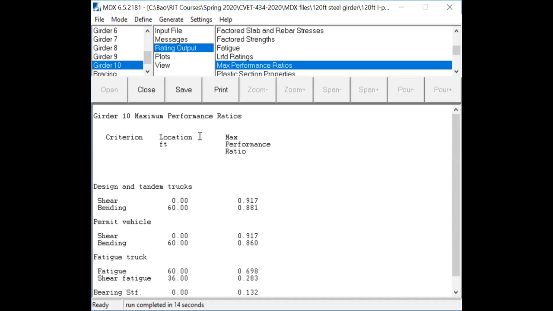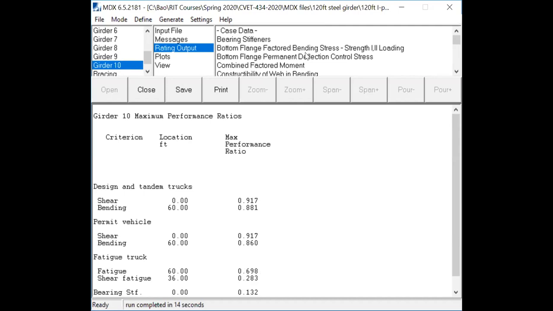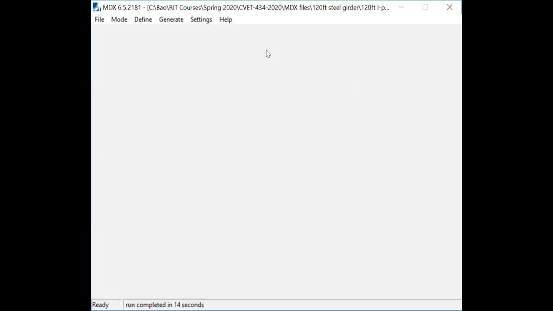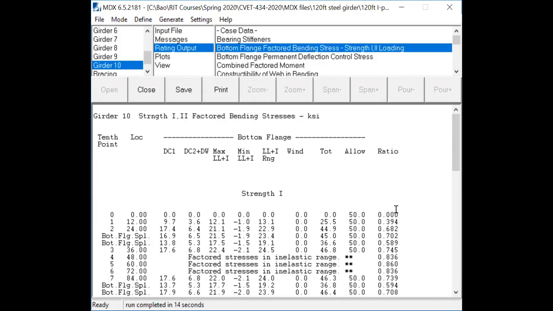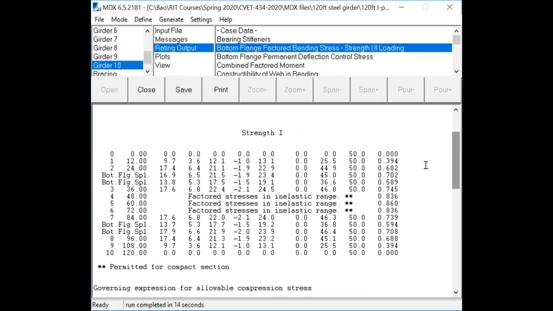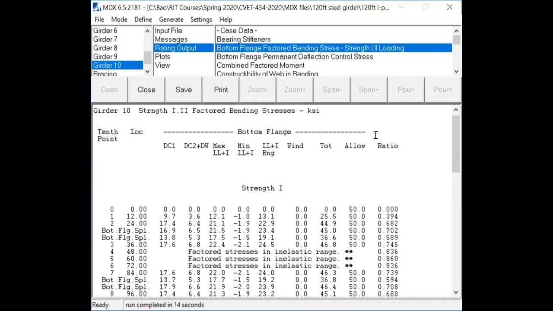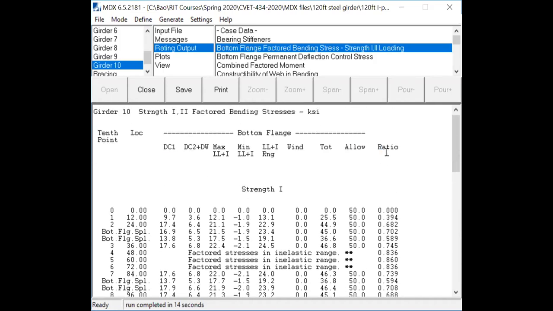And if you want to take a look at the detailed rating, you can go to the bottom flange. The bottom flange gives you the ratio at each 10th point.